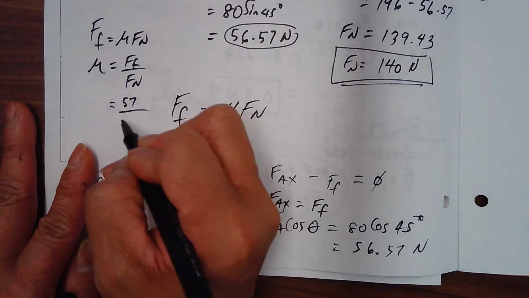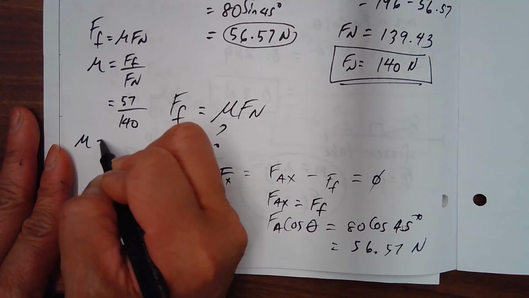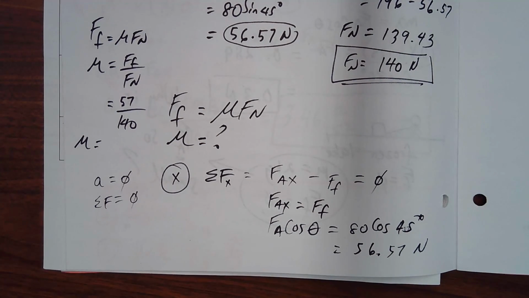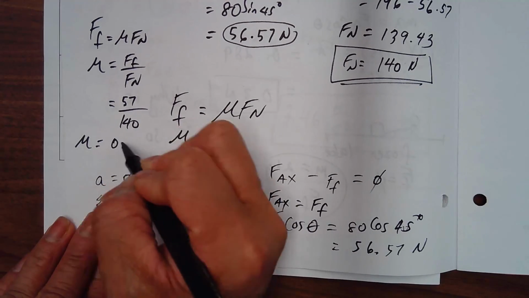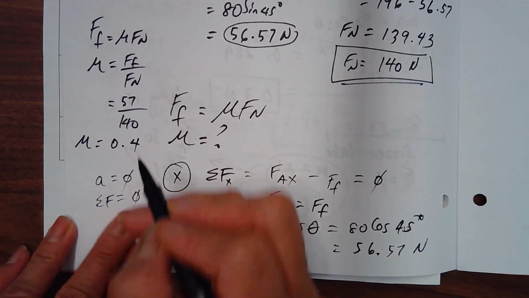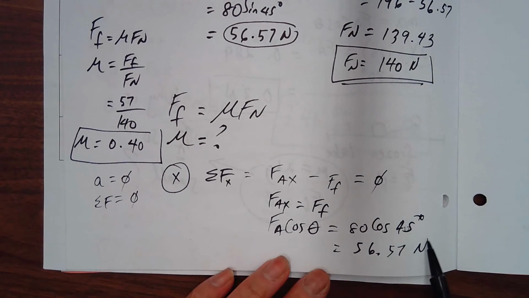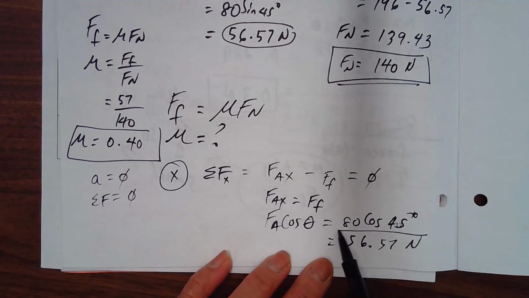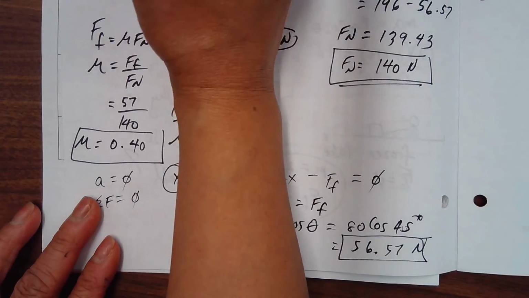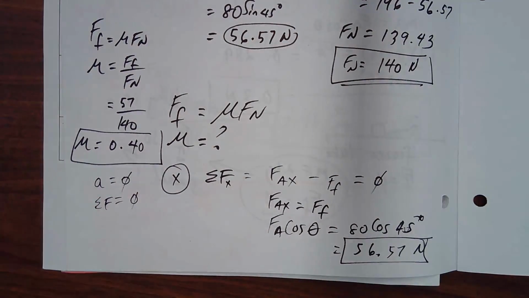It's been rounded off. So the answer is 0.40, mu. There you go. And that completes the blanks.